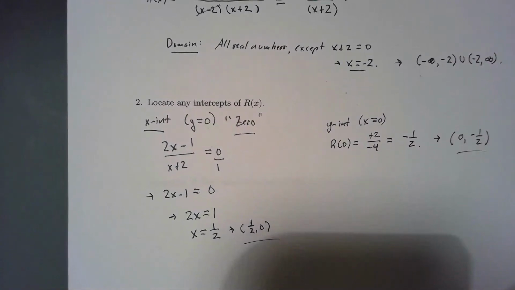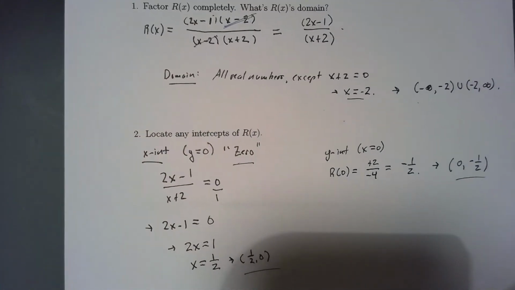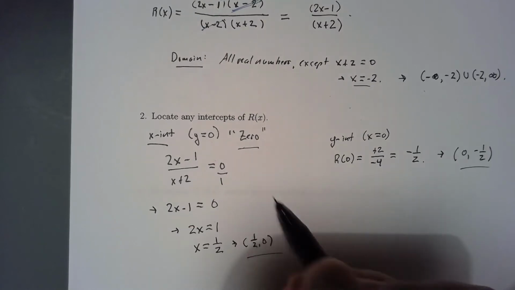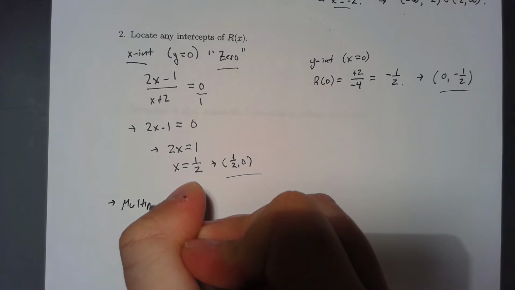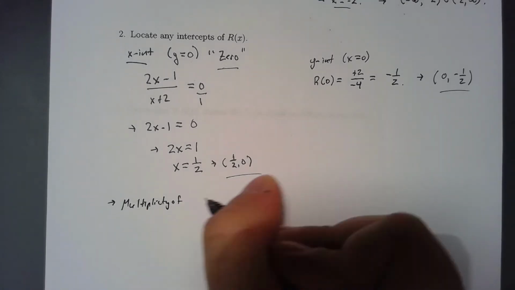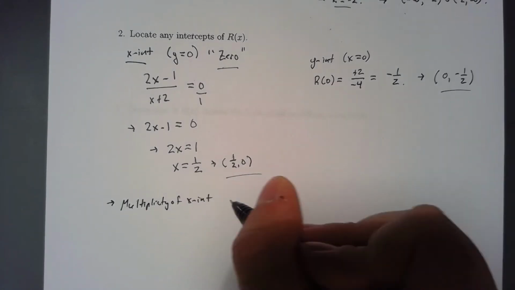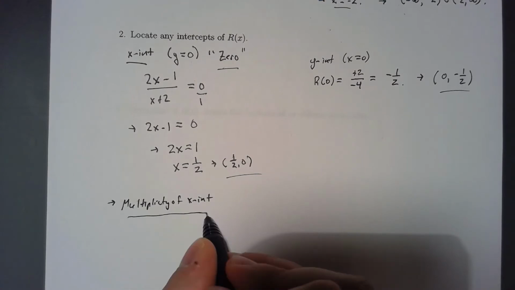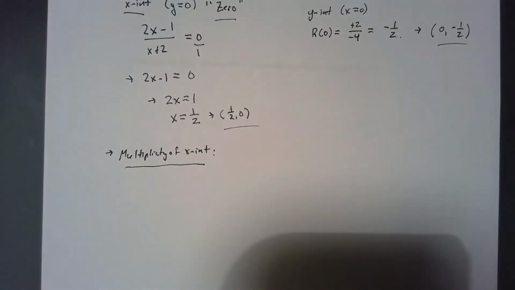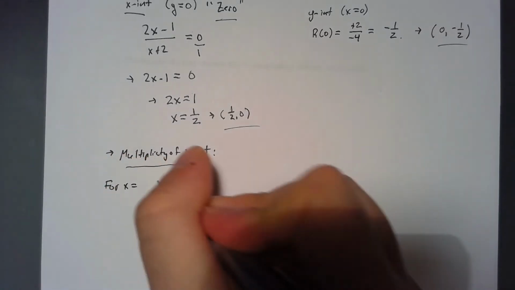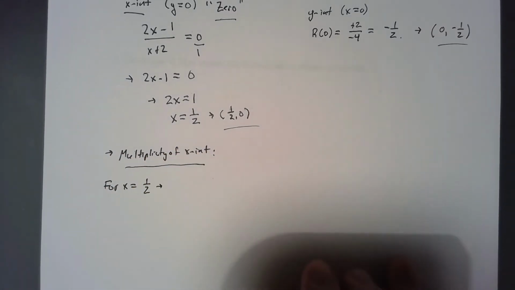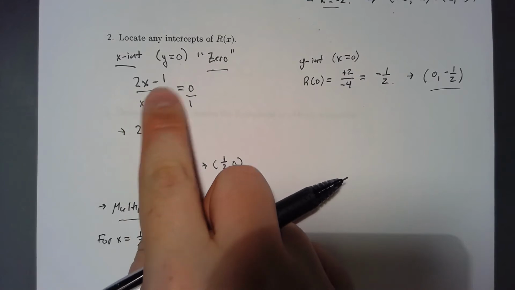Okay, let's determine the multiplicity of my x-intercept right here. So for x equals 1/2, that comes from the factor 2x minus 1.